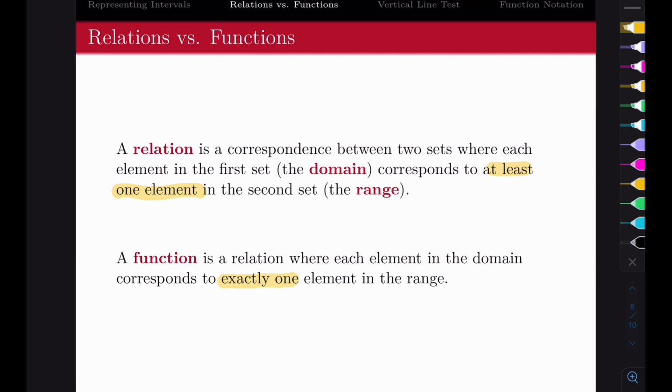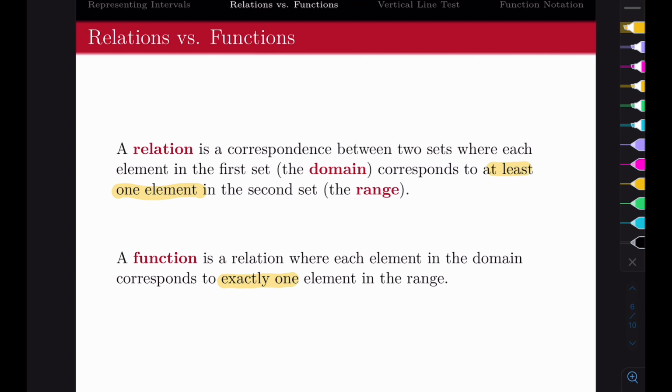So one of the relations could be the classes that each student is taking. There are definitely people that are taking multiple classes. So my inputs, which is each student at our school, can have multiple outputs. So you could be taking 2, 3, 4, 5 classes. You could be taking one and have a single output, but there's definitely people that are going to have multiple outputs.